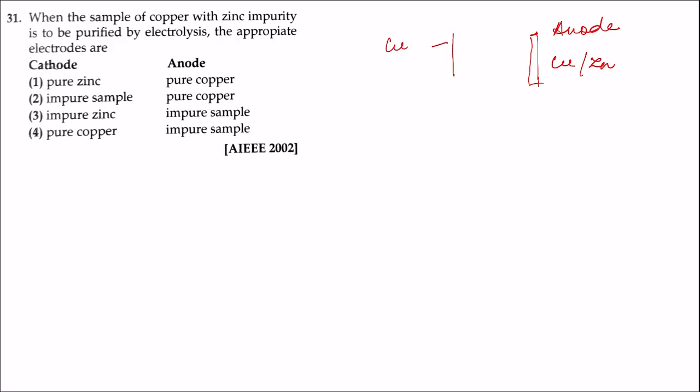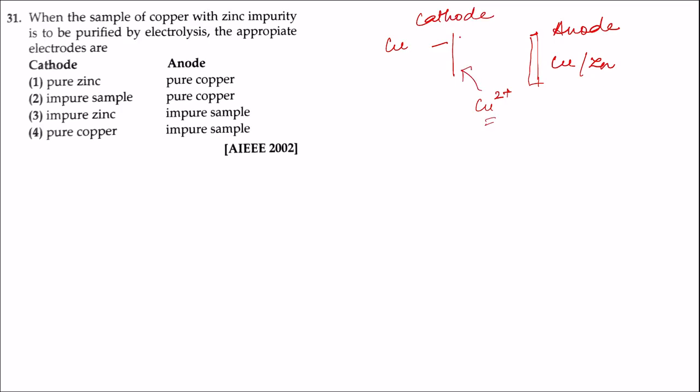And the electrolyte usually contains the ion of the metal which has to be purified. So what happens during this electro-refining is that copper from the solution, that is Cu2+ from the solution, will go to the cathode.